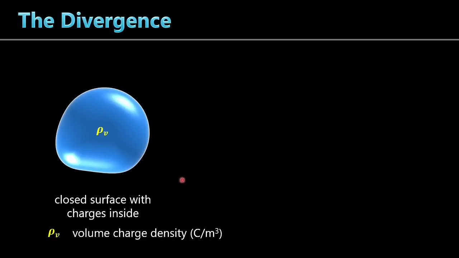And because there are charges inside, there must be electric field in this region. Now let that electric field be represented by the vector D, which is the electric flux density. Instead of using the electric field intensity E, we used D for more convenience, as you will see later.